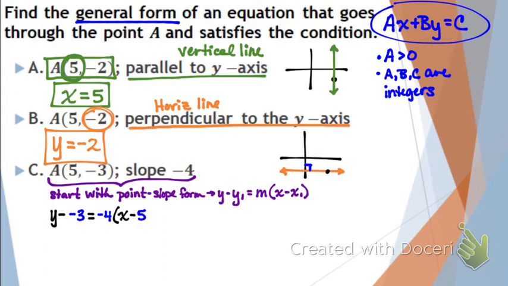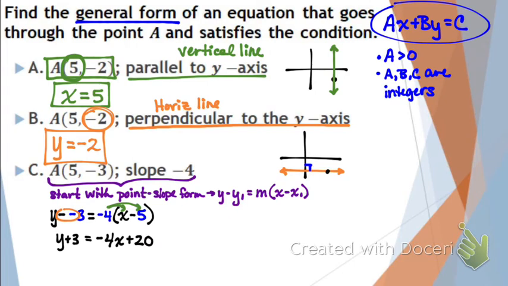X minus 5. So we substituted in our point and our slope. I'm going to clean this up. That's going to become y plus 3. With my negative 4 over here, I'm going to distribute that. So I have negative 4x plus 20.